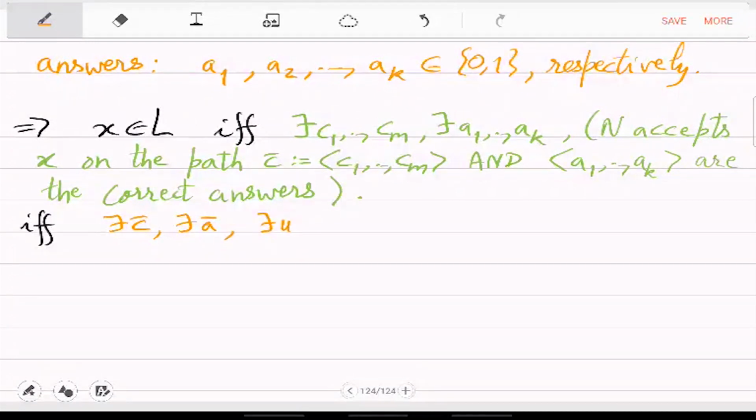There exists U1 to UK, such that for all V1 to VK. So U1 to UK is quantified by there exists. This will be used to check those answers A1 to AK which are 1, and V1 to VK will be used for those answers that are 0.